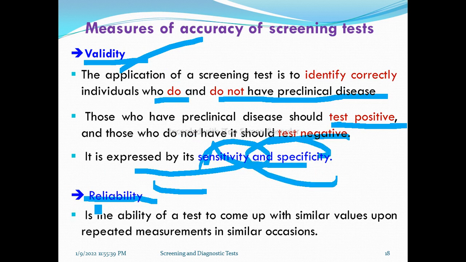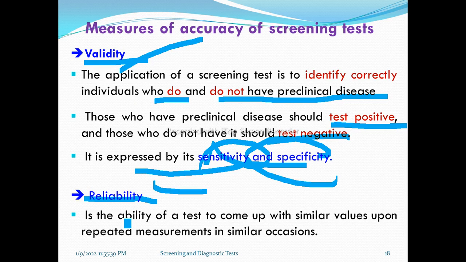So the other type of accuracy is reliability or precision. Reliability is the ability of a test to come up with similar values upon repeated measurements on similar occasions. Meaning, if one person measures one thing two times or more than two times, the value you have got from that measurement should be similar.